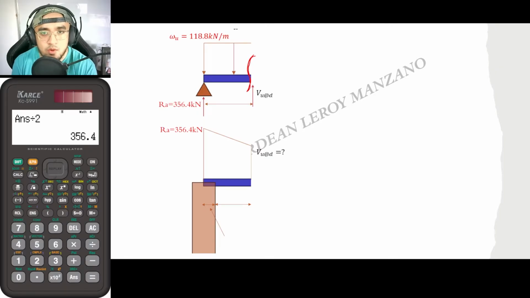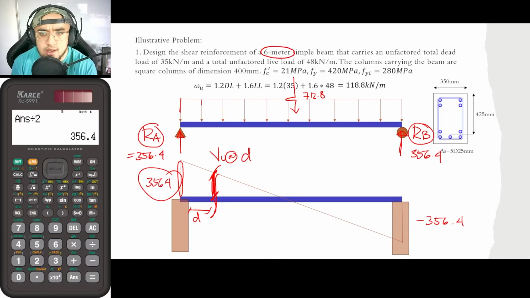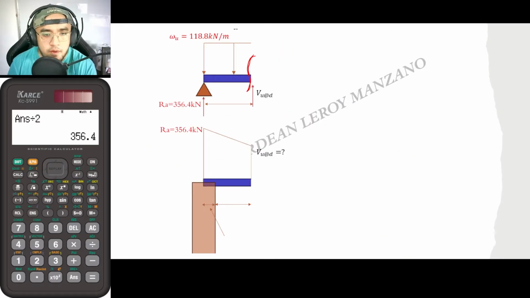So I will now assume that that is the distance d. What is the distance d? The distance d is 425 mm. So the effective depth of my beam is 425 mm, at this particular arrow.